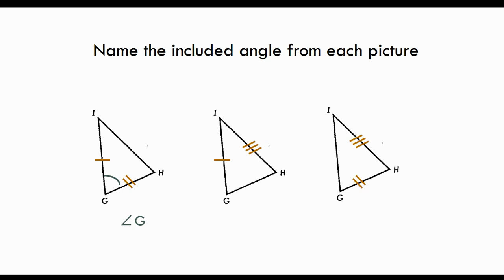If I look at the middle picture with the 2 segments that are marked, it is angle I that is in between them. That's the included angle. And if we look at the picture on the far right, based off of the 2 tick marks that are marked up, notice that it would be angle H that would be the included angle. So it's the angle that's in between the 2 segments.